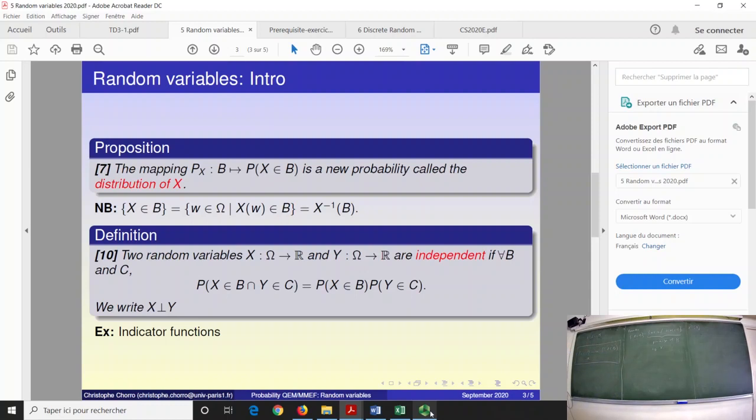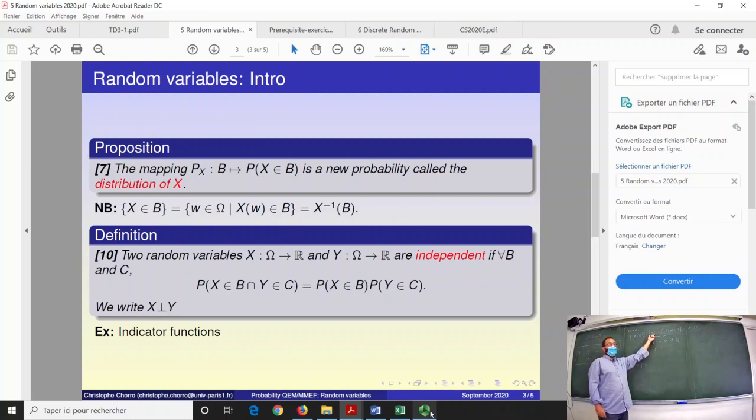What is interesting with the preimage is that we have some very interesting and intuitive properties. What is the preimage of the empty set? It is X belongs to the empty set. Not 0, the empty set.